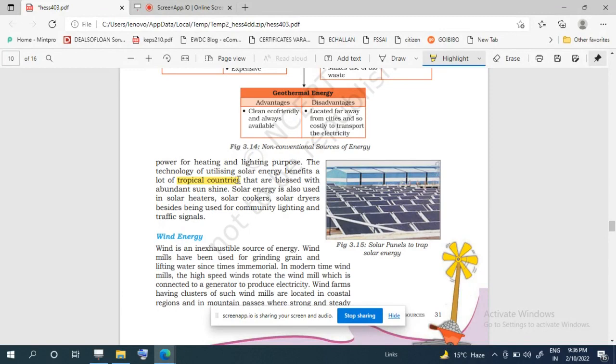So in this way, solar energy is very useful, and if we start using it, the problems of fossil fuel getting exhausted and creating pollution in the atmosphere will all be sorted out. So today we have done up to this, and now in the next class we will start wind energy.